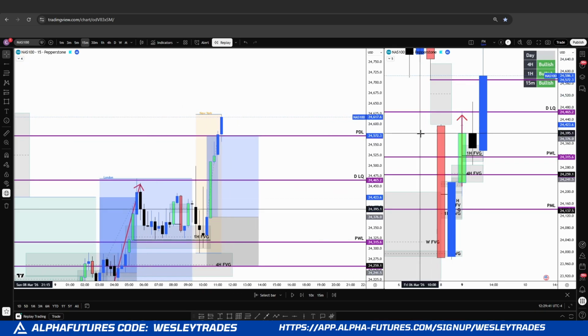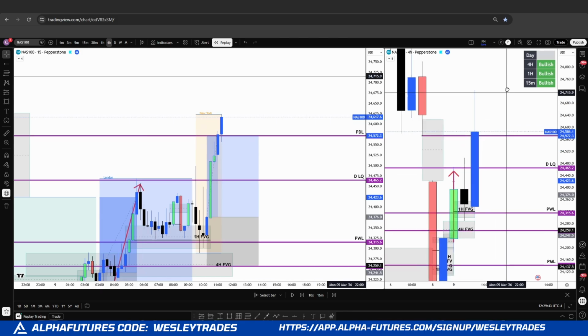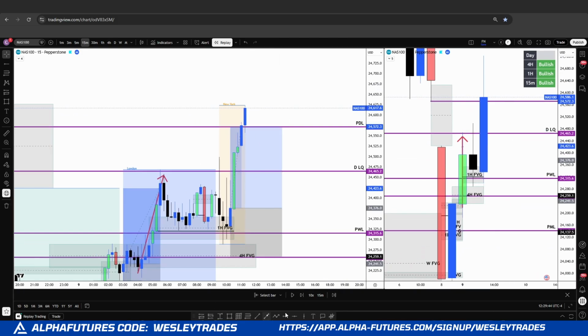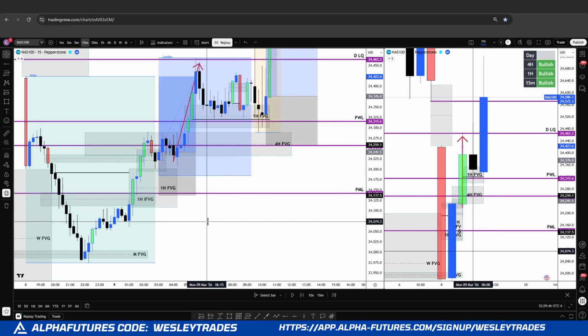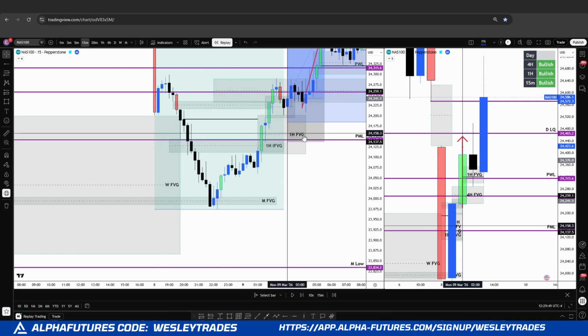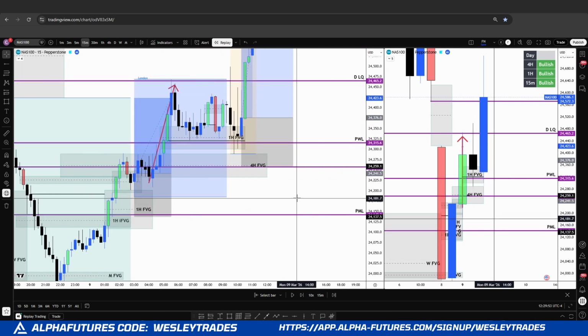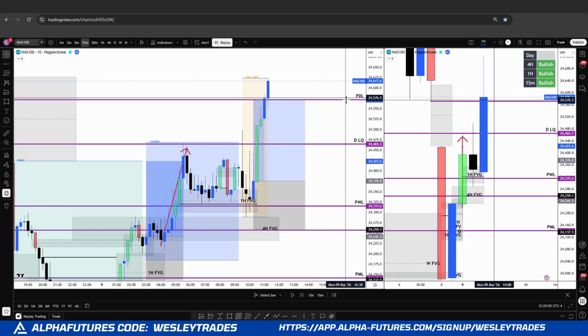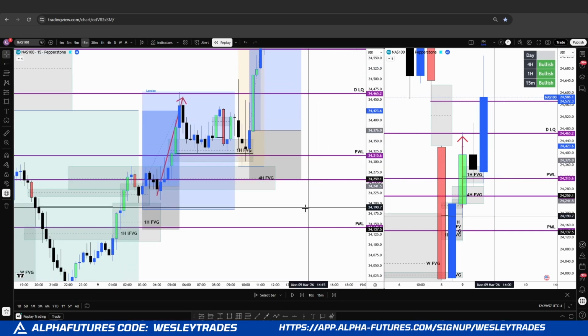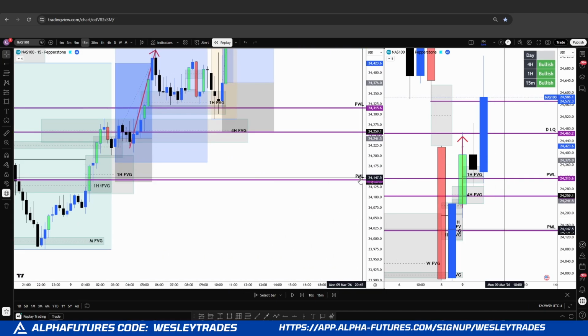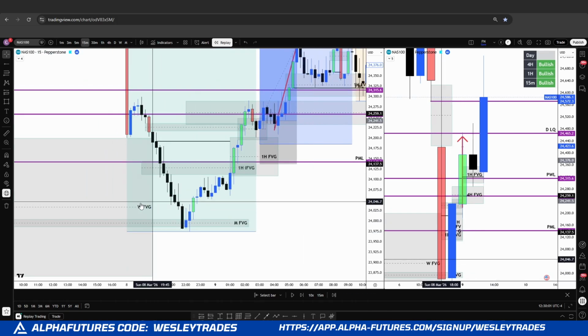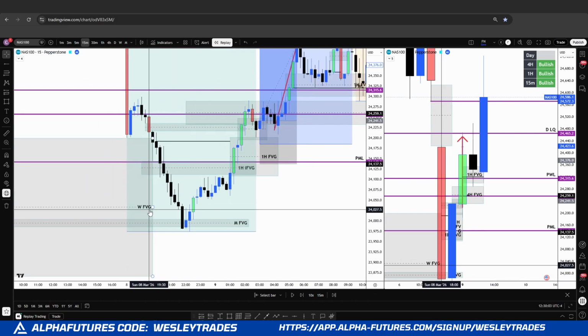That was literally Monday, because Monday just skyrocketed into the air. It was absolutely insane. And that whole move just because why? We took out previous daily low first of all, previous weekly low, previous monthly low. We tapped the weekly fair value gap from the bottom.